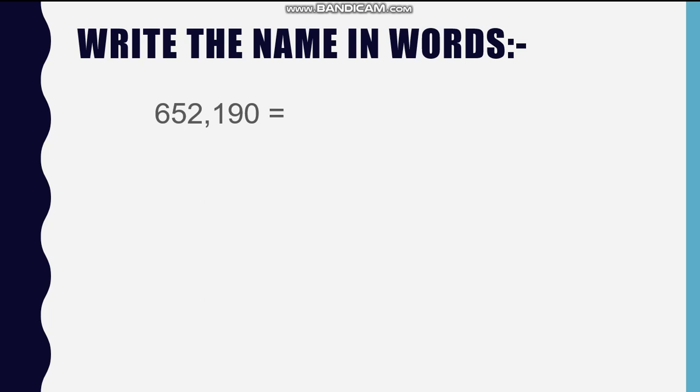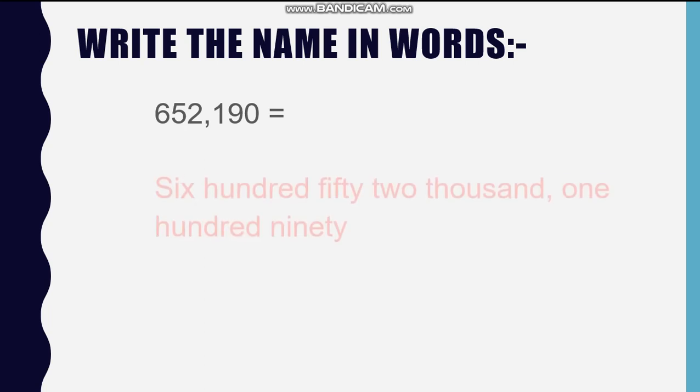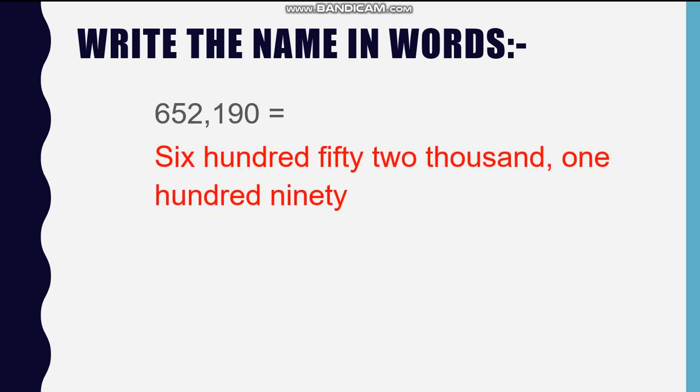You can see here it is already grouped in 3 parts. It is already divided into groups of 3. So this is given in the international system of numeration. How will you read and write this number in words? This is 652,190.